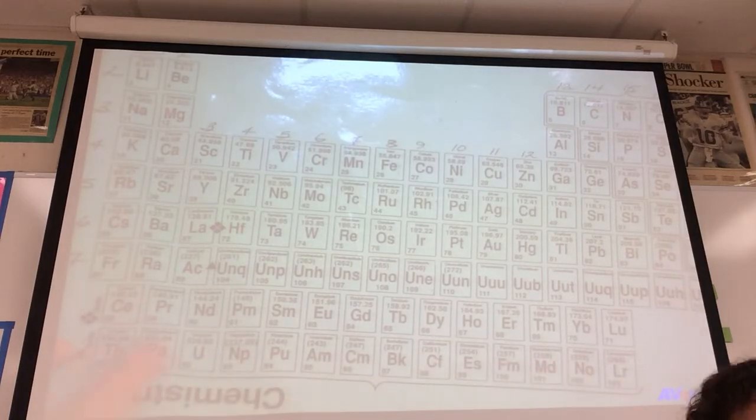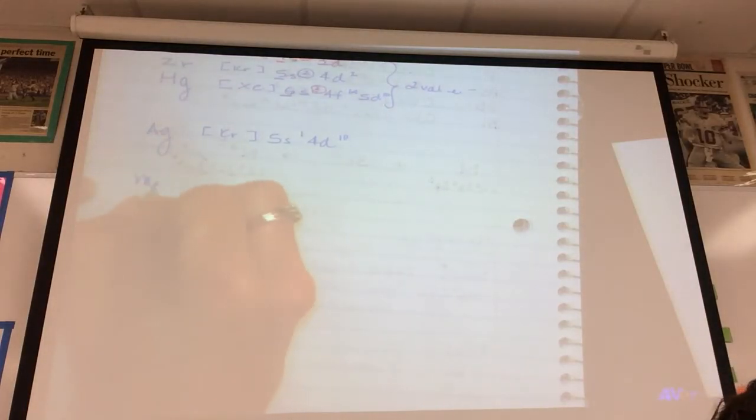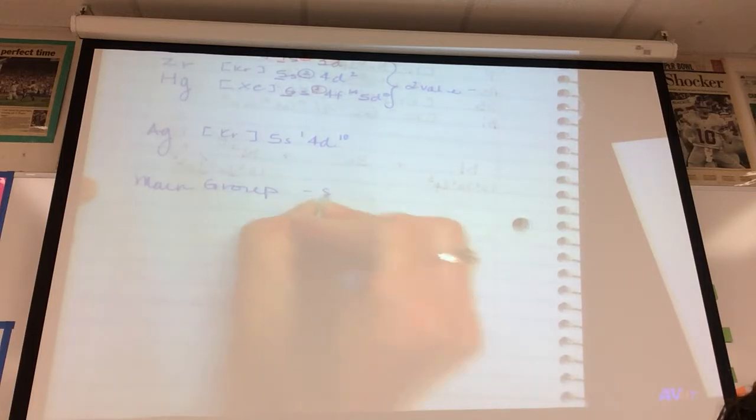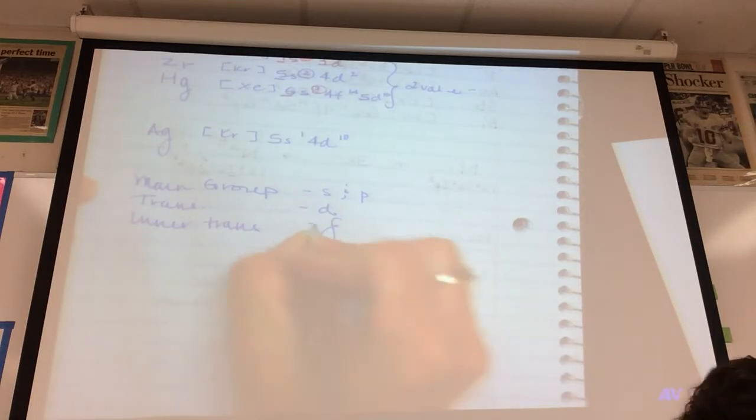So what you've got from today is you should know that the s and p blocks make up the main group elements. Your transition elements, that's your d, and then your inner transition elements make up the f.